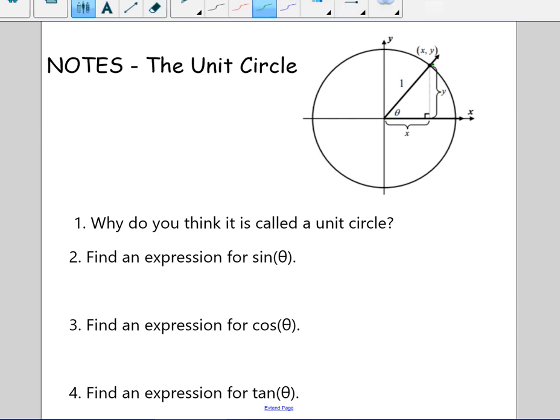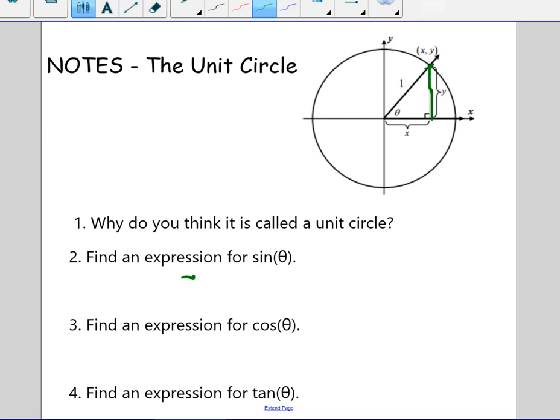So let's use this circle to find an expression for sine of theta using this triangle, which is created by theta's terminal ray hitting the circle at the point (x, y). So that means that if I draw down here, I have a triangle which has a side of length x, a side of length y, and a hypotenuse of 1.